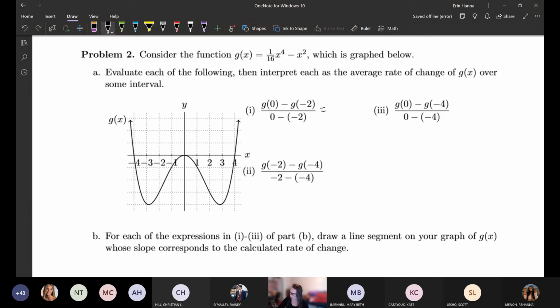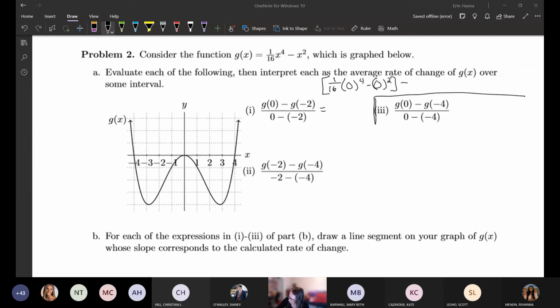Actually, on this first one, I'll write it out, up here. Remember, if we're doing this, we're plugging in each of those numbers, and we want to be careful here. So let me block this off.